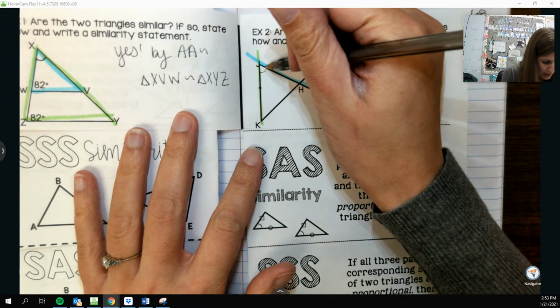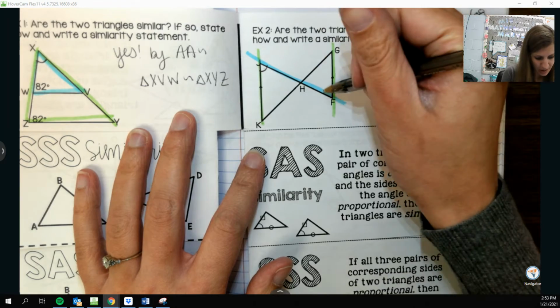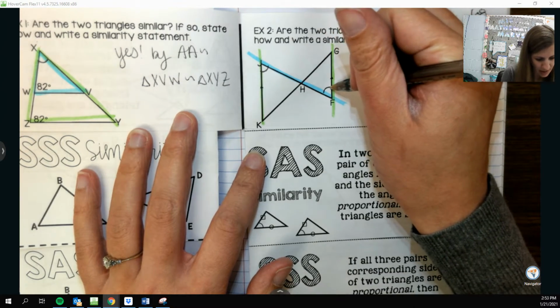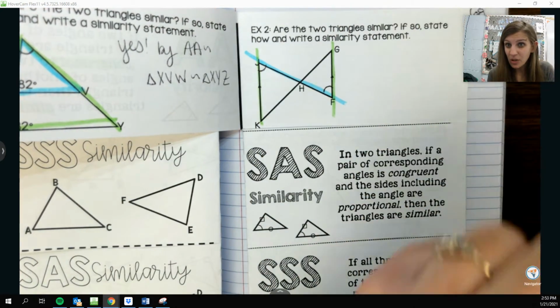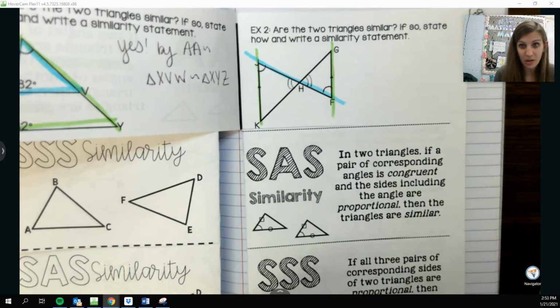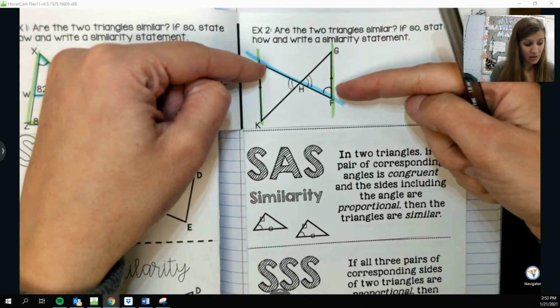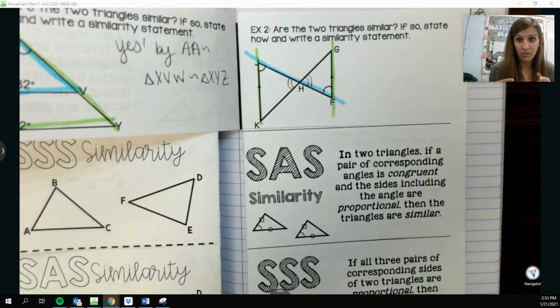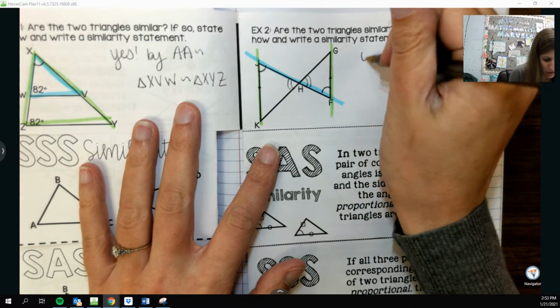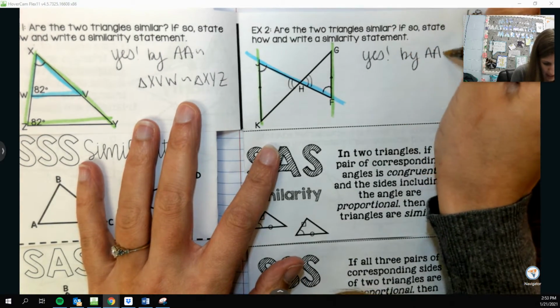So this angle right here is alternate interior with this angle here. And now I could pick a different transversal and do a similar thing, but I also have vertical angles that are always equal no matter what. And so right now I have angle, angle. I got angles, angles, congruent. So the 2 triangles are similar, yes, by angle, angle, similarity.